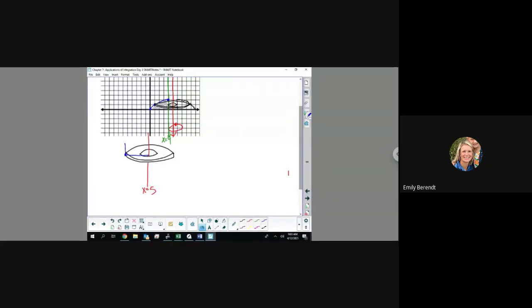Okay. Remember that when you draw your washer, make sure that you do your big R of x and your little r of x to the original side of the graph. So we want to draw it to the left side of that red line. The big R of x is back to the blue. Little r of x is back to the green.